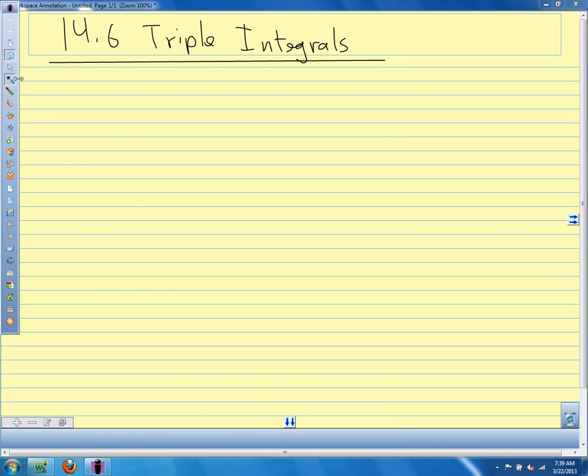So the first thing we're going to do is develop the idea of a triple integral. It's very similar to what we've done for double integrals, using the same kind of procedure.